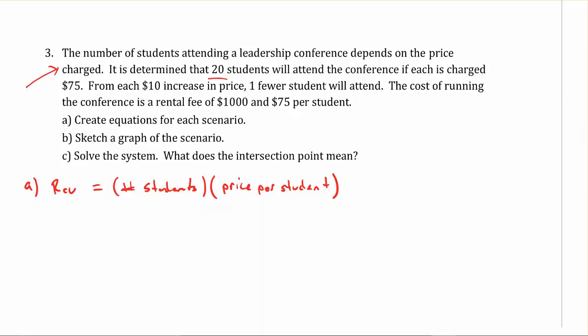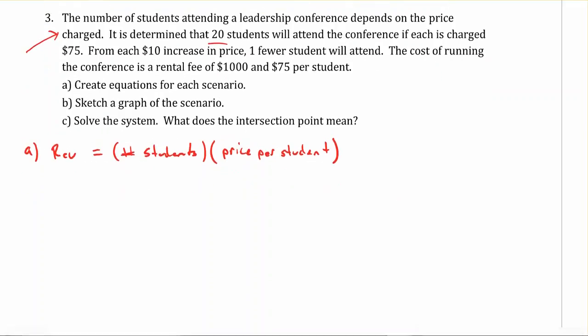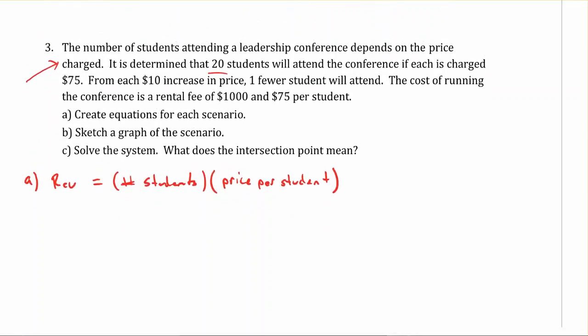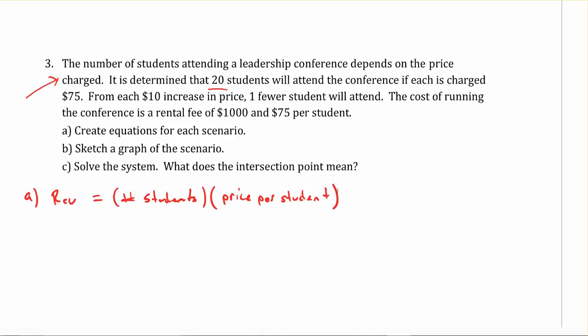That one should be pretty straightforward. That's how much money you would make, number of students, and then how much they pay for each one. And so far, if we didn't have the number of students and the price going up and down, this would just be equal to 20 students.